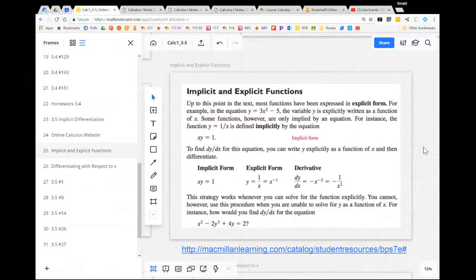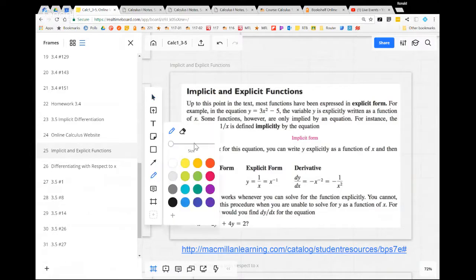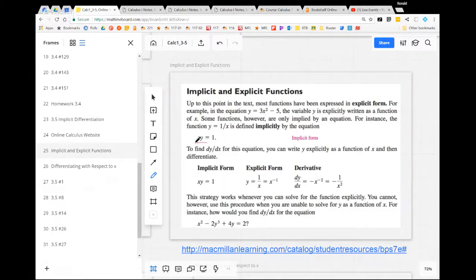Implicit and explicit functions. So like I said, they didn't give the best example. In the first example of an implicit function, they wrote this one, xy equals 1. Now it's implicit in that it's not solved for y, but this one can be solved for y, and it could be written as y equals 1 over x, like they did right here.